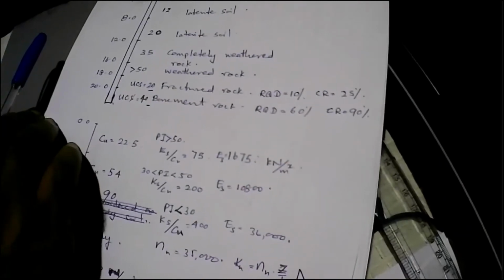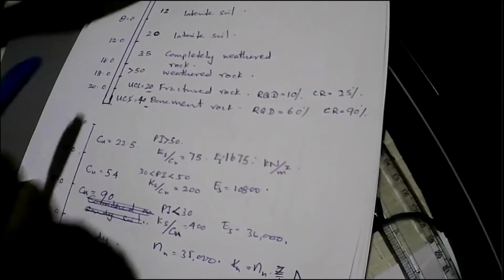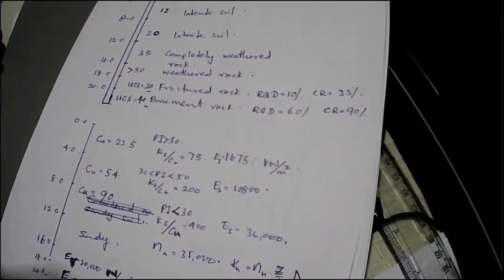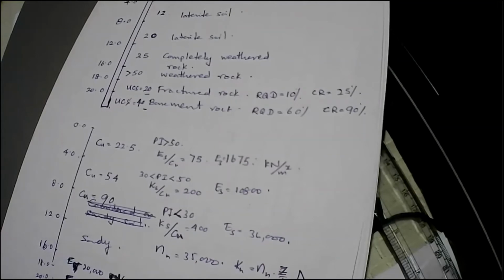When you have completely weathered rock, it's better to consider that as sand, because when the rock disintegrates, finally it will form coarse sand and gravel type particles before it decomposes to the level of clay. So even that is most likely to be of sandy nature. So we'll consider that as sand for our calculations.